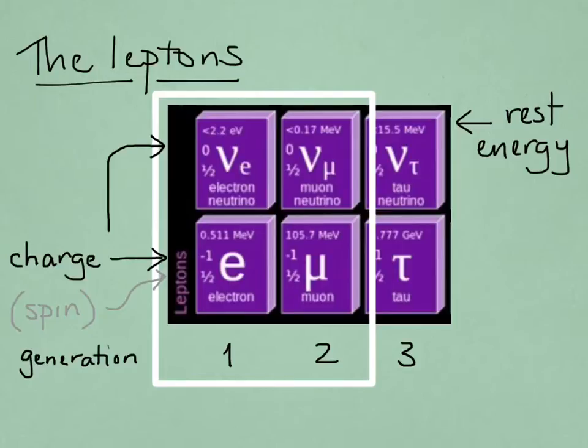We've got 6 particles that are named leptons, 3 of which are electrons and its big brothers, and 3 of which are neutrinos and its slightly bigger brothers. And each one of those can have an antiparticle as well. So you can have anti-electrons, anti-muons, anti-neutrinos.